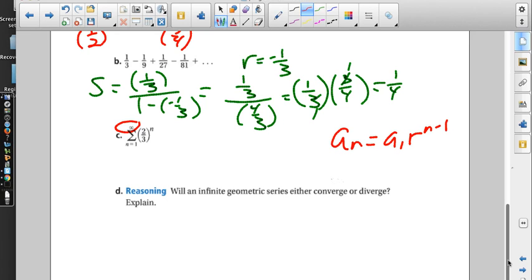It might not be n minus 1, but it's got to be a power. So this is r. r is 2/3. If there's not an a sub 1 there, what is a sub 1? 1. You could always put the 1 up in here, 1 times 2/3 to the n. So we'll have S equals 1 over 1 minus 2/3.